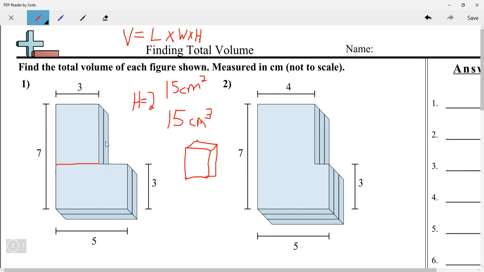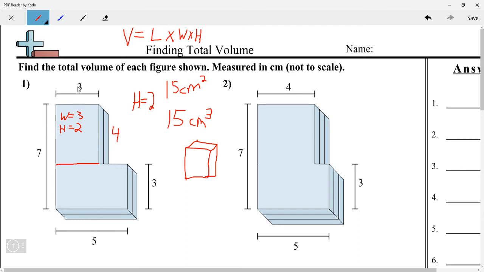So now we have the width of this one equals 3, height equals 2. Now we have to find what the length is, but it doesn't tell us what the length is, right? So this is undefined, so it doesn't tell us. But if we know this is 7, okay, and this is 3, then this plus this has to equal 7, right? So that means that 3 and this has to be 4, because this and this also equals this.